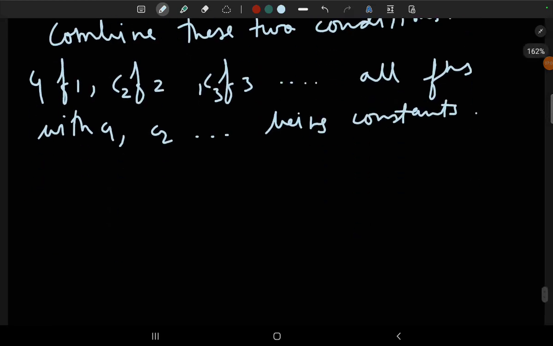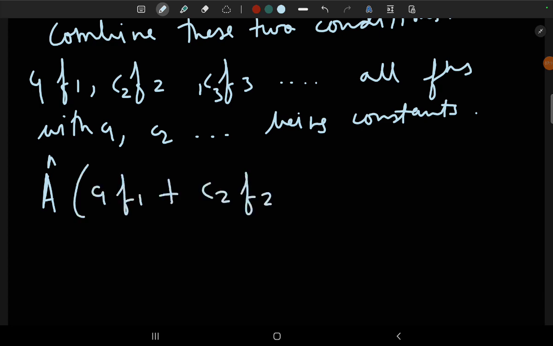Then we have A acting on c1 f1 plus c2 f2 plus dot dot dot till cn fn. What should this be equal to?